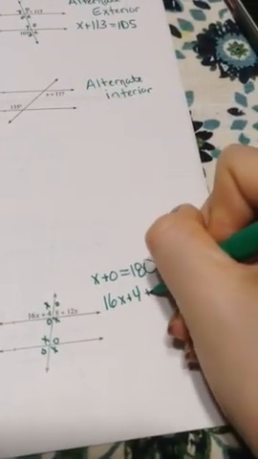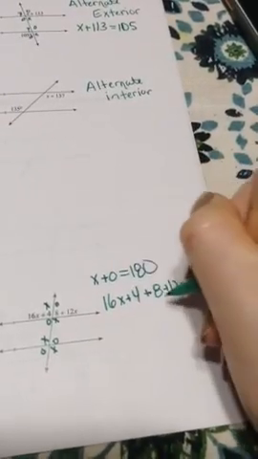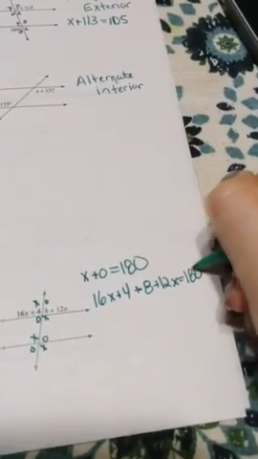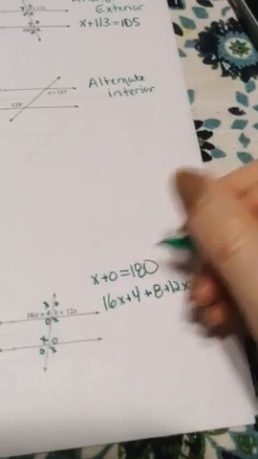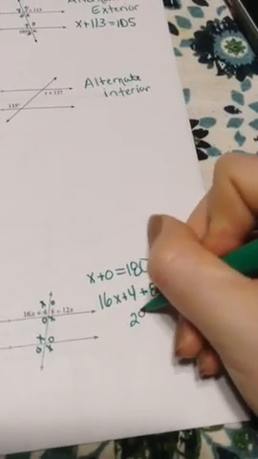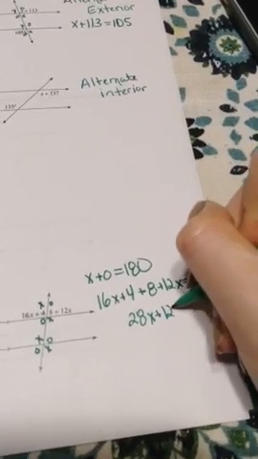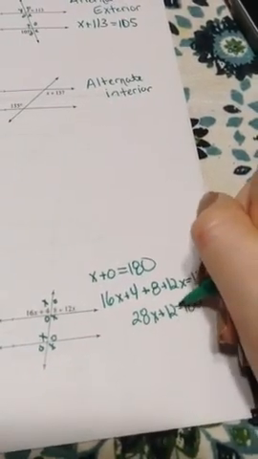So they add to 180 degrees. The first thing I'm going to have to do is combine my like terms, and then finish solving to find x.